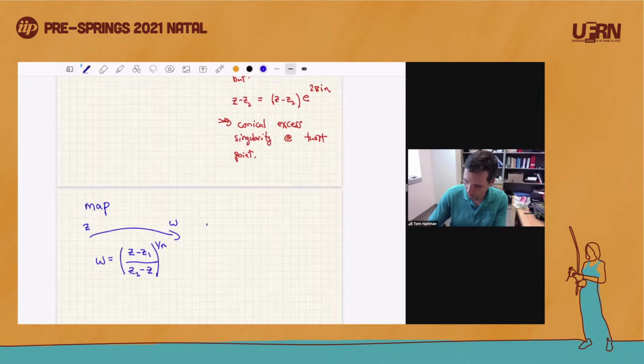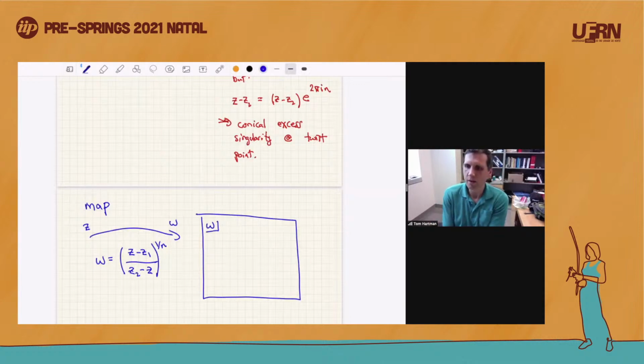And what I claim is that that just maps this entire manifold to the w plane. In other words, w is a global coordinate on this multi-sheeted cover of the z plane.